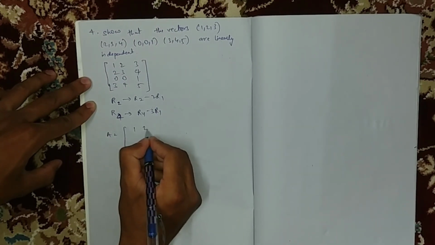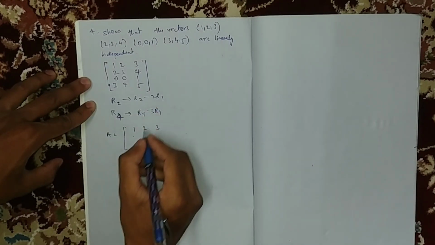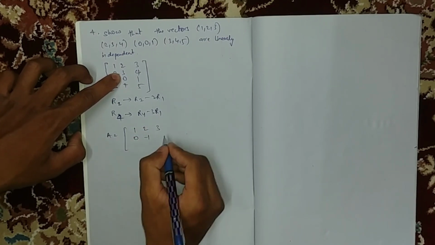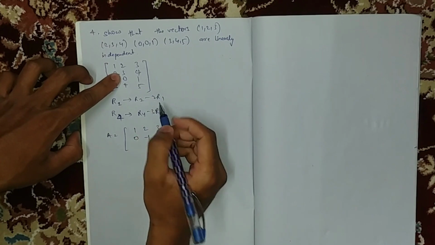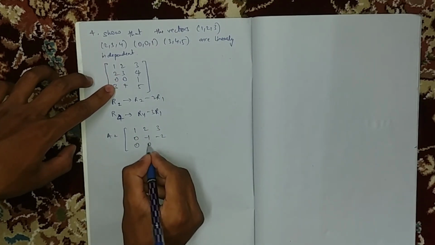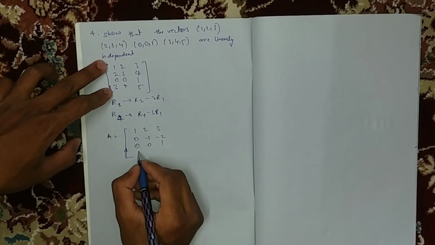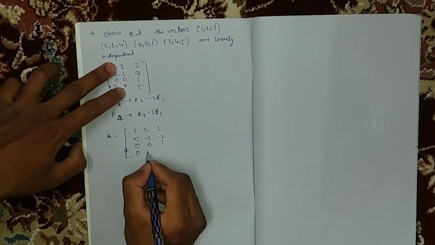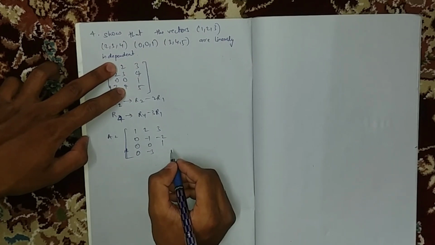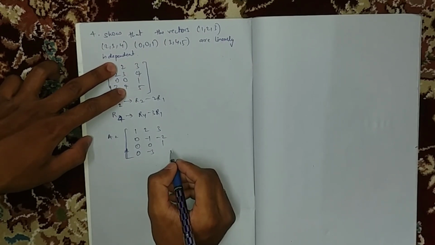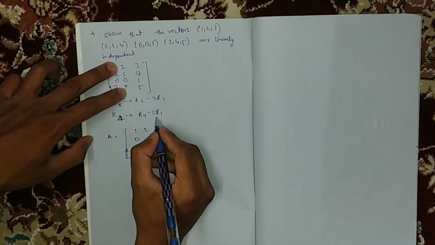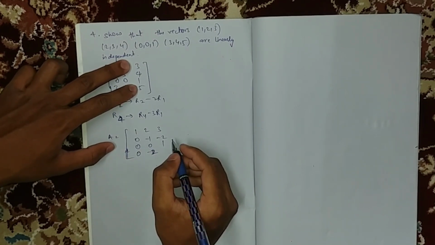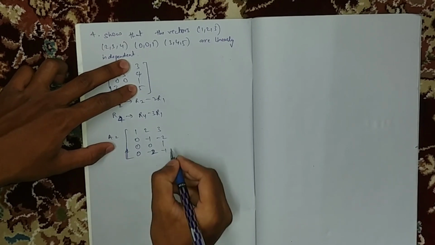A is equal to 1 2 3; 2 minus 2 is 0, 3 minus 4 is minus 1, 4 minus 6 is minus 2; 0 0 1; 3 minus 3 is 0, 4 minus 6, sorry, is minus 2, and 5 minus 6 is minus 1.